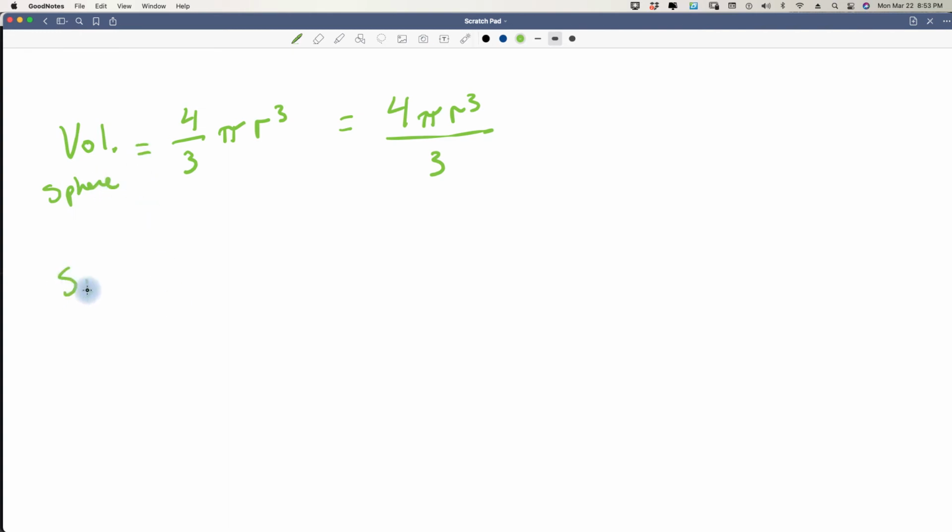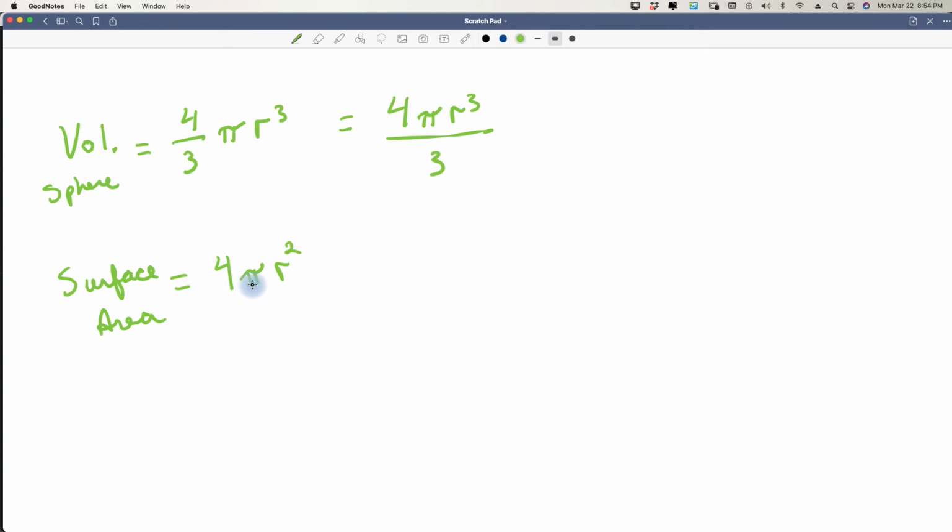The surface area of a sphere is equal to 4 times pi times r squared. Okay, remember that a circle is 2 pi r.